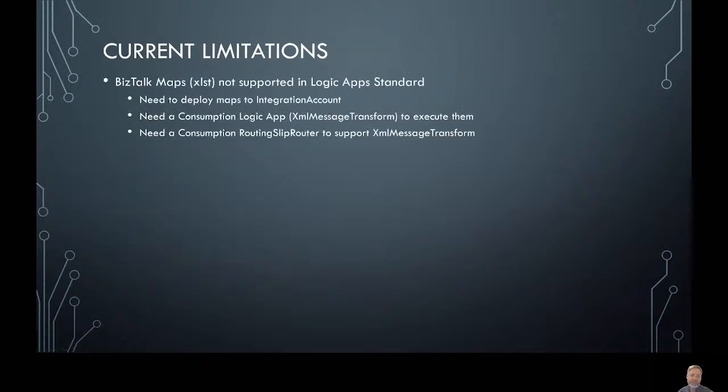Current limitations. This is probably the largest one. BizTalk maps are not supported in Logic App Standard. Logic App Standard has a map action, an XSLT action, but it doesn't support BizTalk maps. The reason is that when BizTalk was written, we only had XSLT 1.